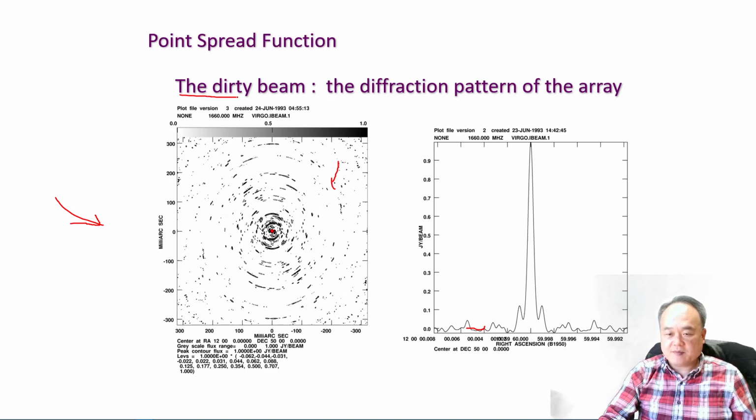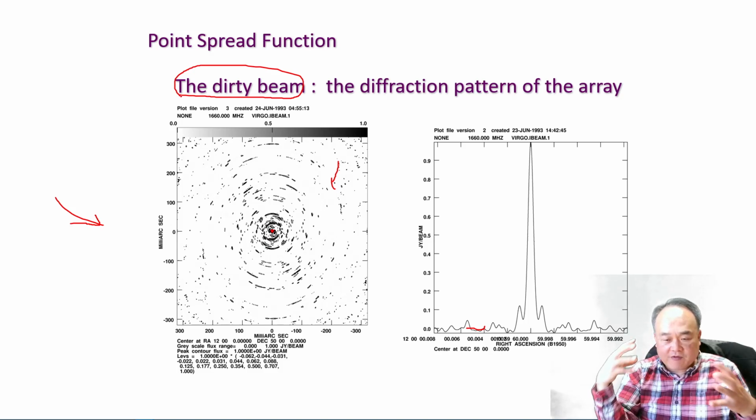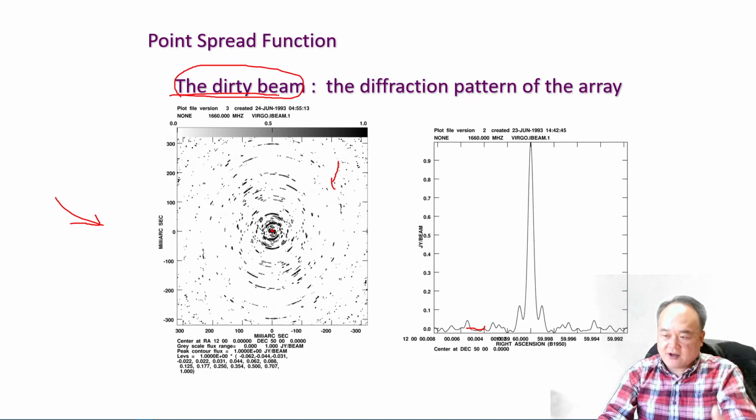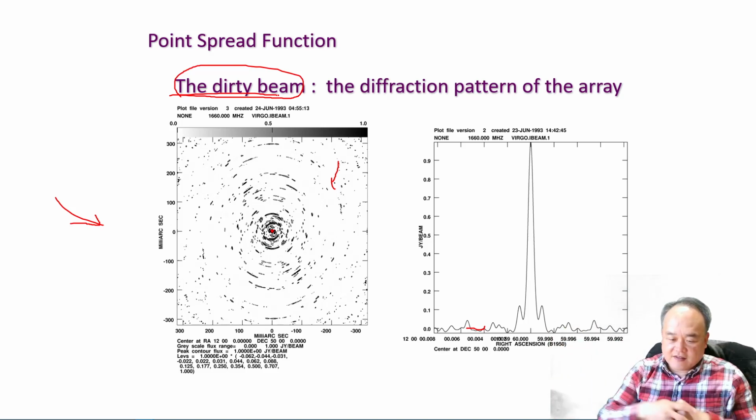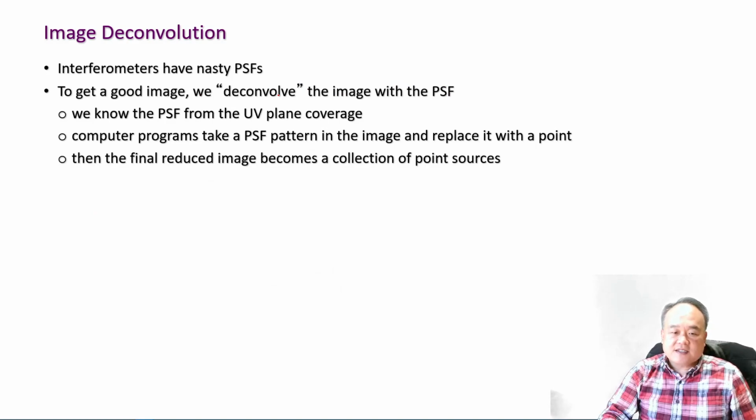So the point spread function from an interferometric radio array observation is often described as the dirty beam. This is the diffraction pattern of the radio telescope array, and its projection onto the sky.